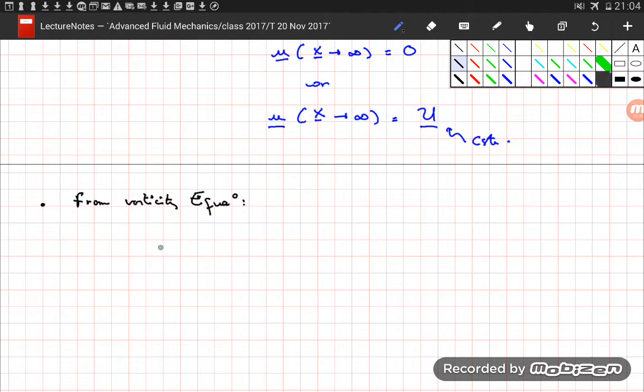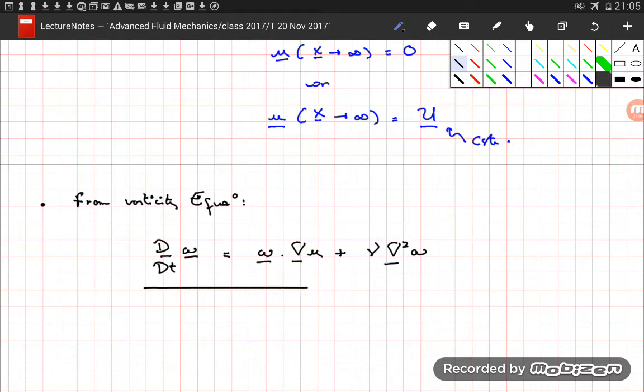The vorticity equation is the material derivative of the vorticity is equal to the vorticity dot grad u plus mu times the Laplacian of omega, of the vorticity.